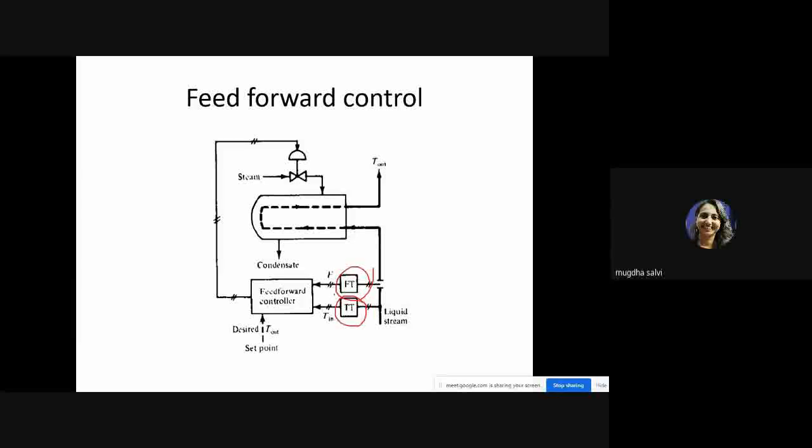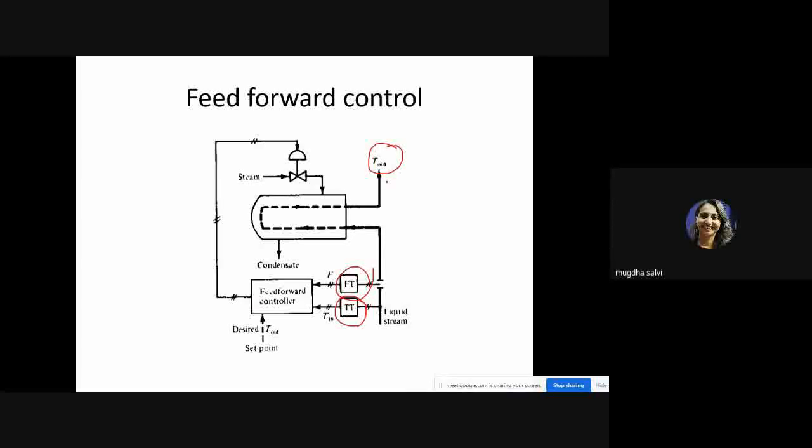When these two vary, automatically the T out temperature would also be affected. So we are checking what the disturbances are. The disturbances are the flow and temperature of the inlet stream. And in this feed forward controller, the model is calculating the effect of a change in this flow and temperature on T out.